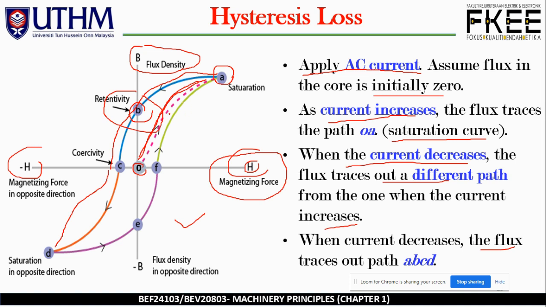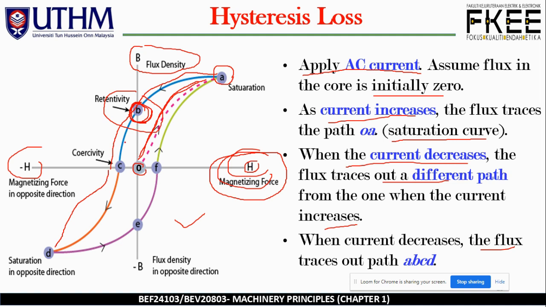So after removing the external source, even though we reduce the current to the zero stage of magnetizing force here, there is still a remaining amount of flux density. This is the method by which permanent magnets are made or formed.